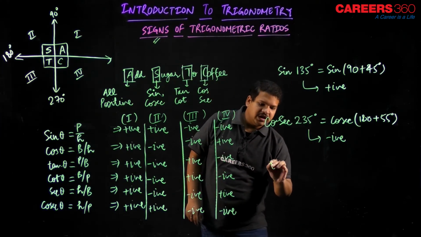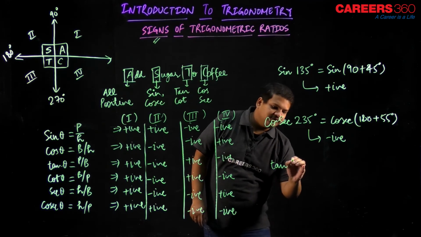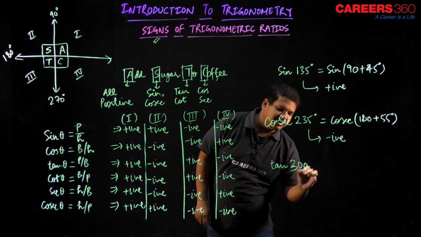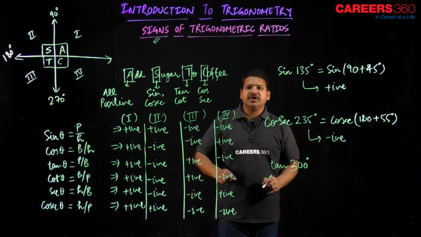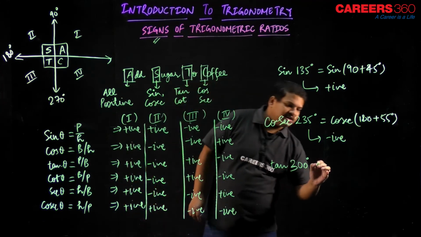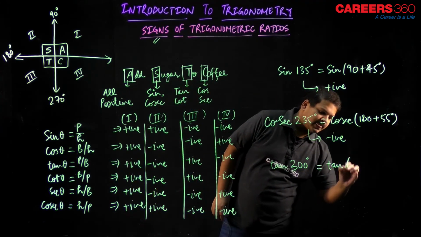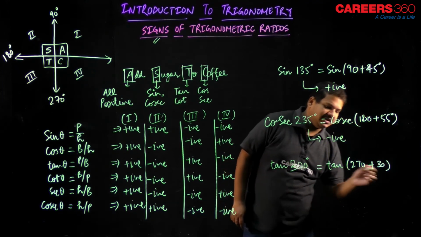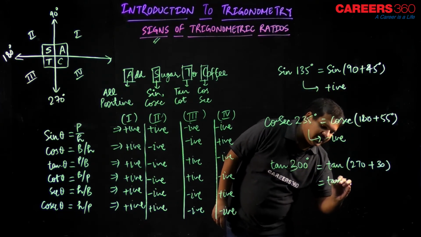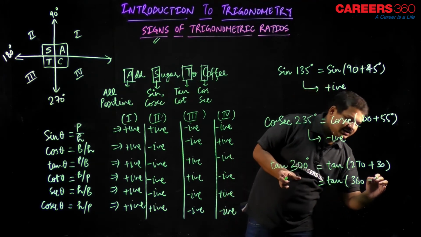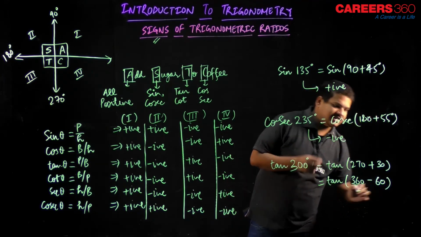For example, you have to calculate tan of 300 degree. Now as you can see, 300 degree is what? Tan of 270 plus 30, or you can say tan of 360 minus 60, right?